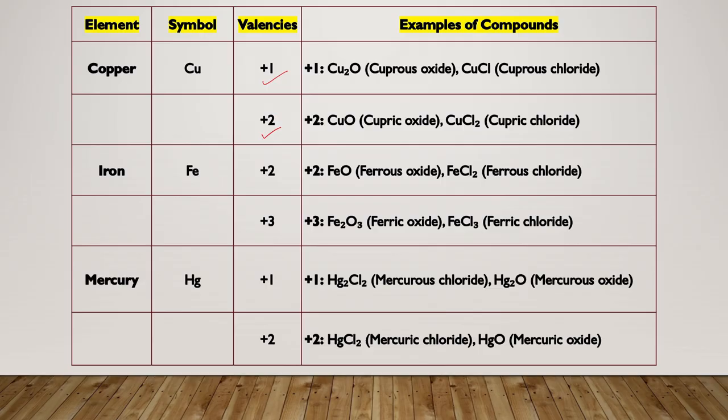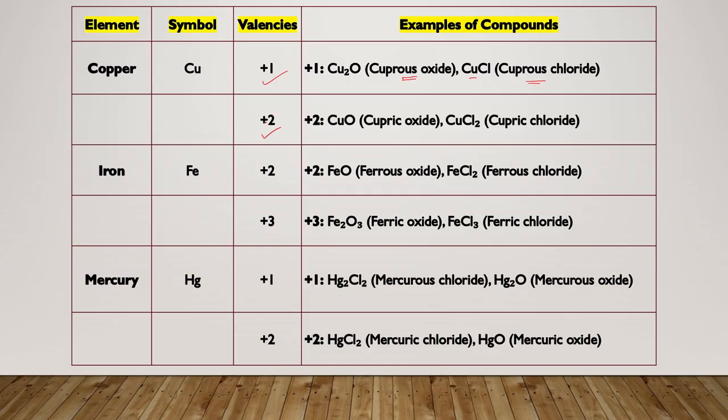When an element shows lower valency, we add OUS as the suffix. When copper reacts with oxygen, it forms cuprous oxide. When it reacts with chlorine, it forms cuprous chloride. Why cuprous? +1.